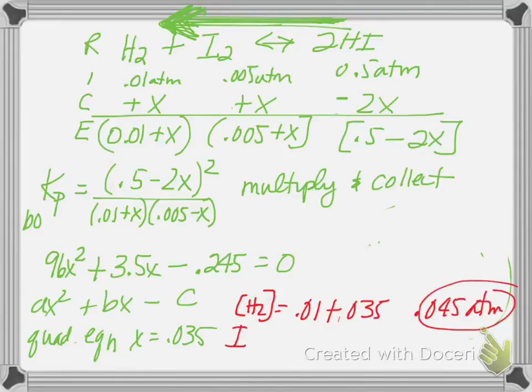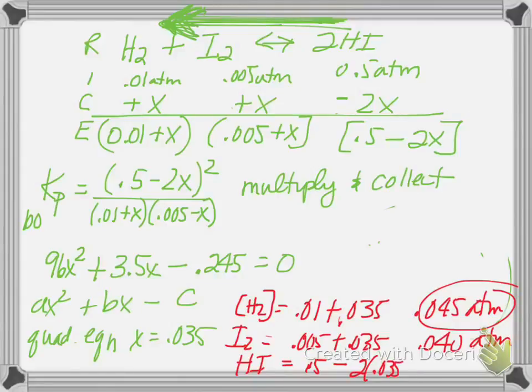And then I2, 0.005 plus 0.035 is 0.04. And then HI, 0.5 minus 2 times 0.035. So 0.43.